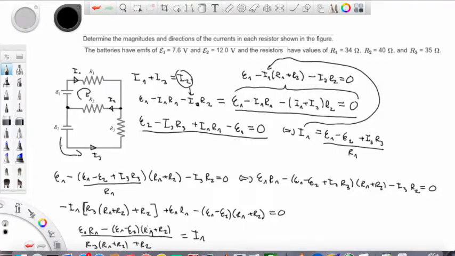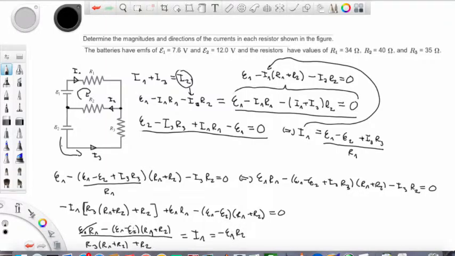And now we can simplify this a little bit. So E1 R1, there's also a negative version of that, minus E1 R1. So this guy will cancel with that pair, and for E1 that leaves only minus E1 times R2, minus E1 R2.